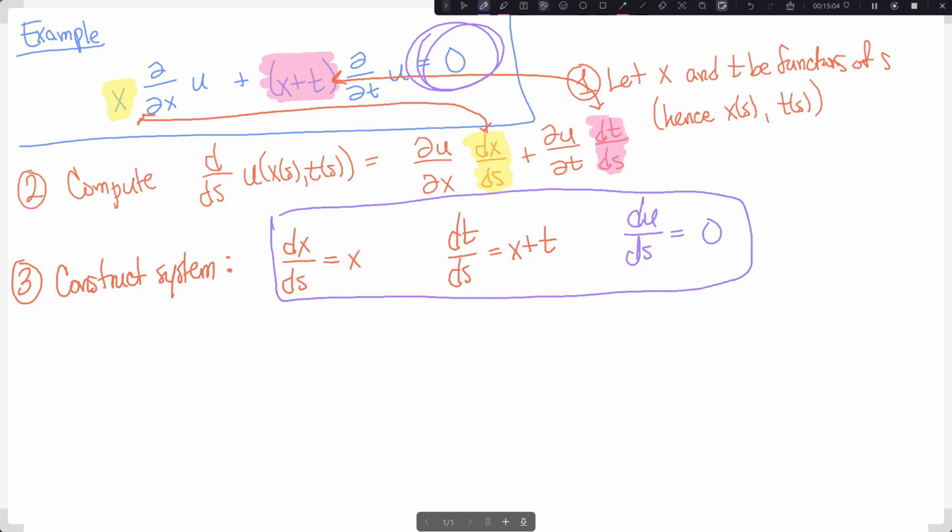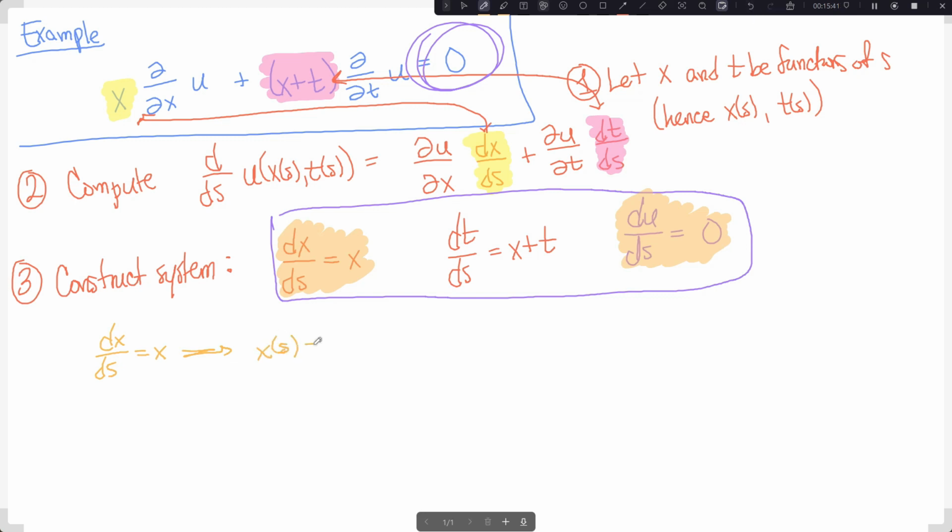I know we haven't actually gone through solving systems of ODEs, but it should seem fairly straightforward. How do we solve this system? Because that doesn't care about t, that doesn't care about x or t. And so we can solve each of the terms in orange individually, and then we can work on the middle term. So solving the first one, dx/ds equals x. Jumping back to first semester, I think you all recall that means that we have an exponential solution.